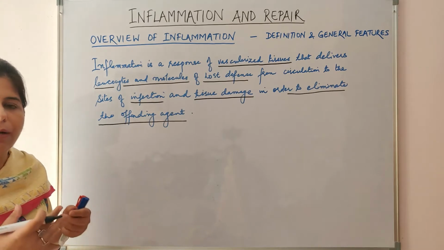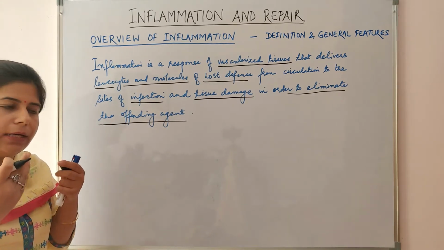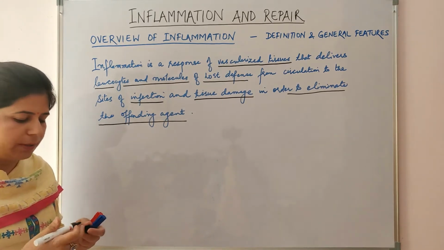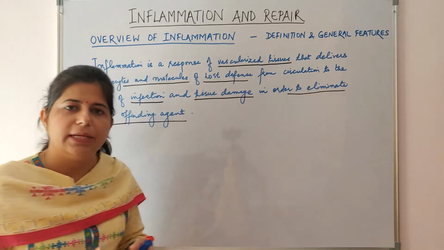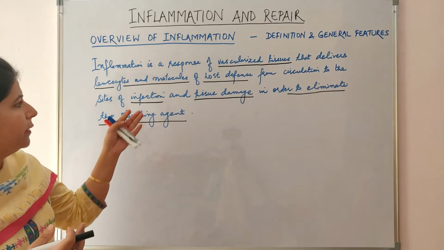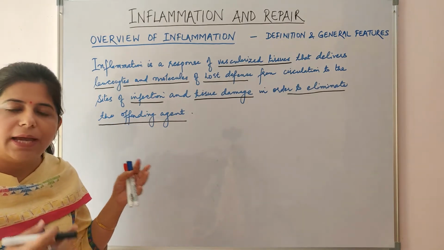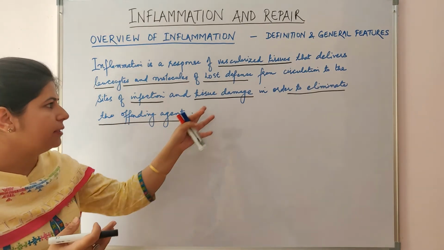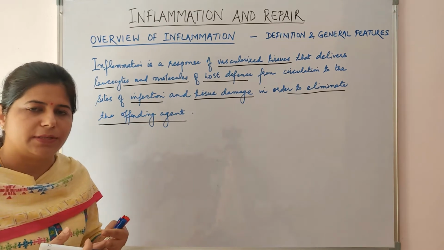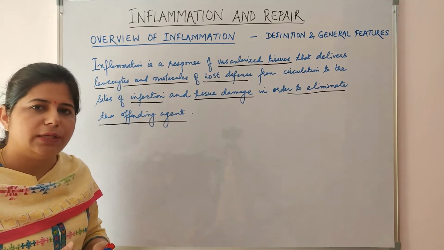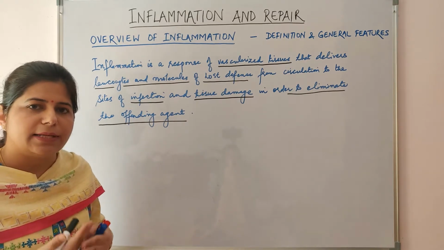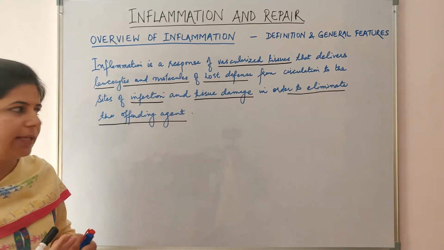With the help of inflammation, the host is able to eliminate the causes of cell injury, the microbes, toxins, and the consequences. Tissue damage is the consequence of cell injury.